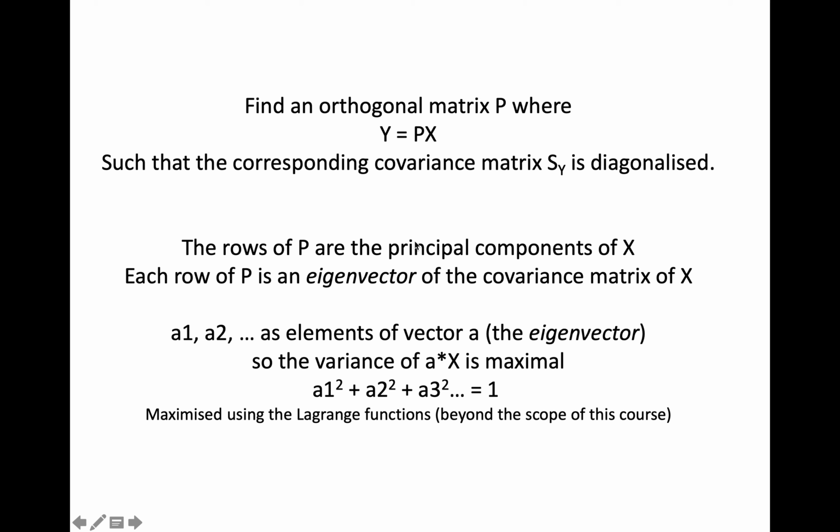The rows of P are the principal components of X, and each row of P is an eigenvector of the covariance matrix. So we have a1, a2 as elements of vector a, the eigenvector, and the variance of a times X is maximal. It's using Lagrange functions, and it's beyond how we're doing this. But what you need to understand is that there are principal components that rotate the data we have to generate a new matrix which is hopefully diagonalized.